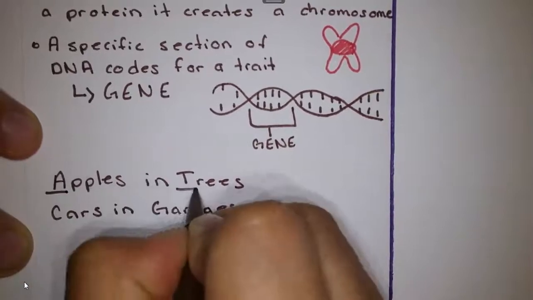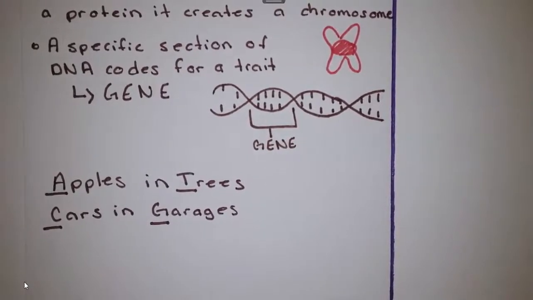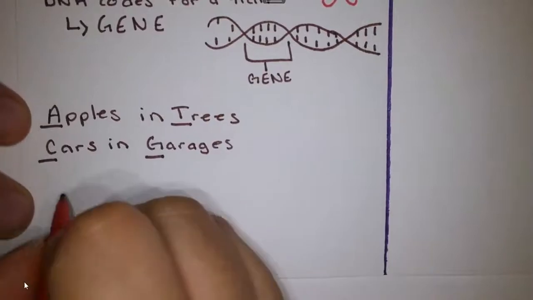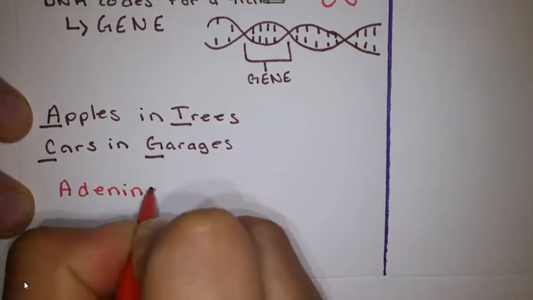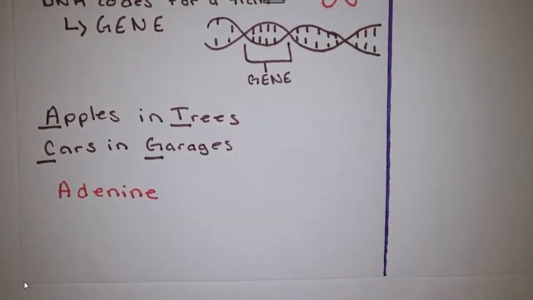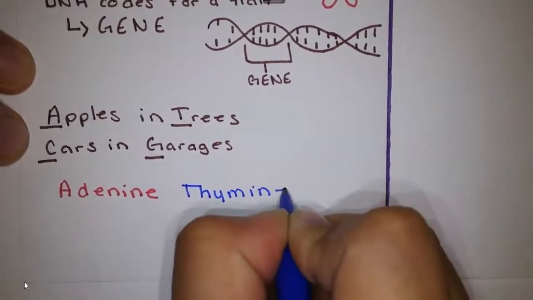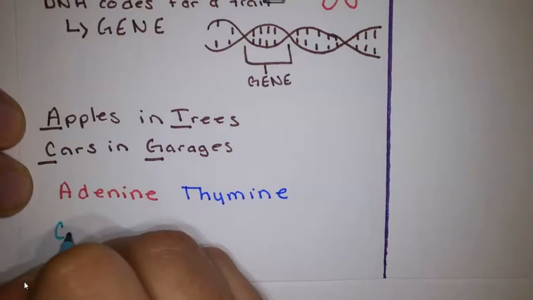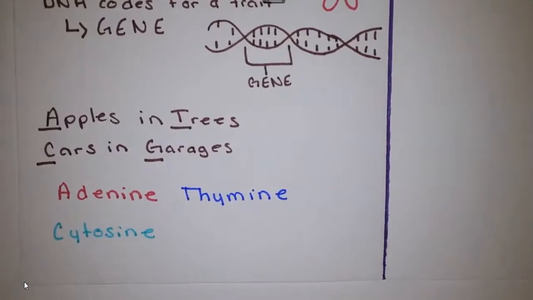And these letters stand for the first letter of the nitrogenous base. So we have adenine is going to pair with thymine, and cytosine pairs with guanine.